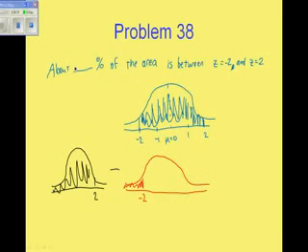So let me look that up for you now. If I look up 2 on the chart, I would see that 0.9772 is the area to the left of 2. And then I'll subtract the area to the left of -2, which is 0.0228. And so I get 0.9544, but about 95% of the area.